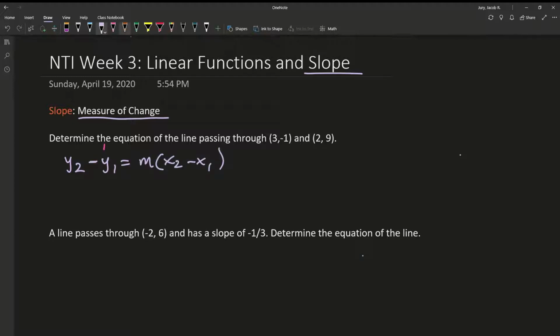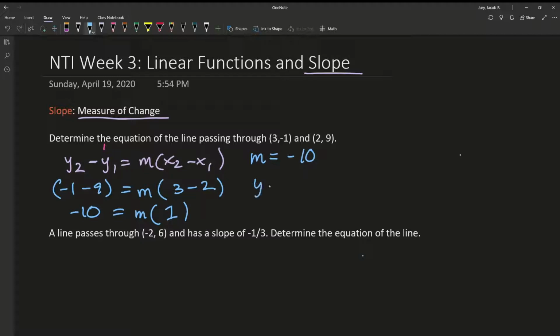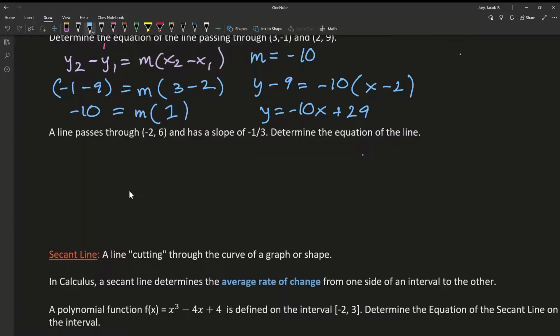Determining the equation of the line using point slope might be a little quicker than determining it with slope-intercept form. So there's two ways to get the equation of the line passing through 3, -1, and 2, 9.